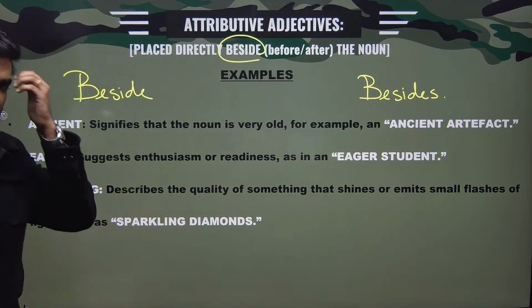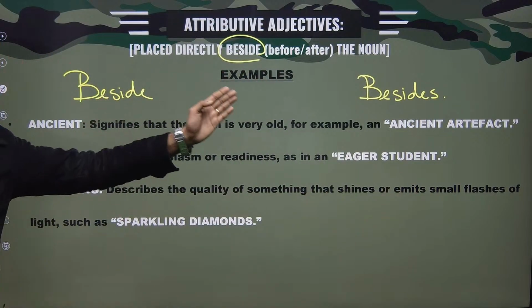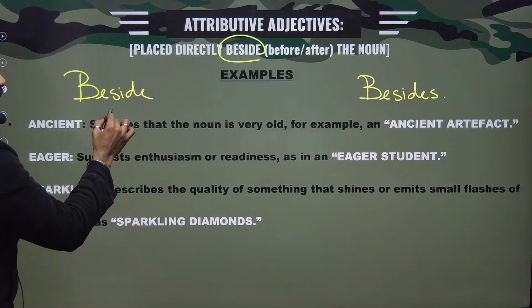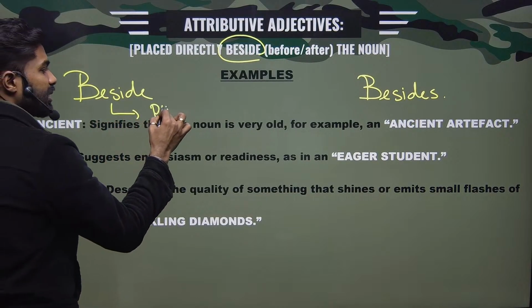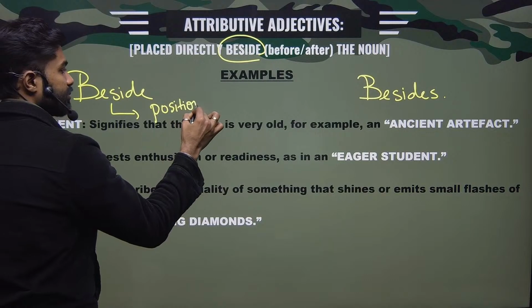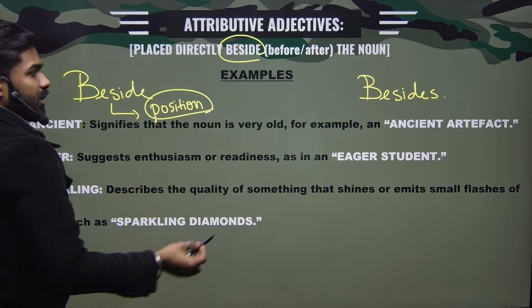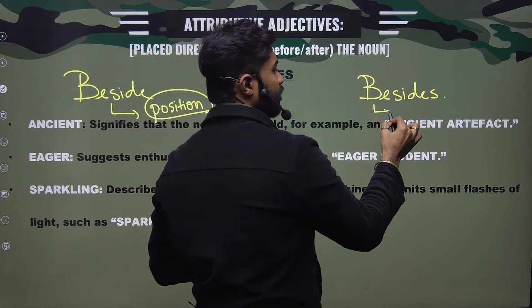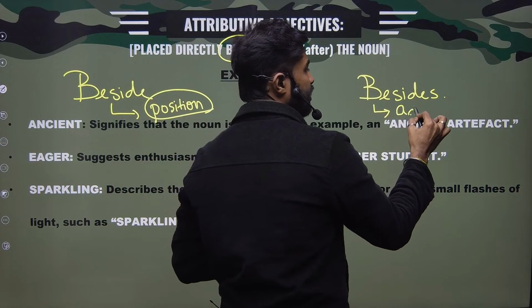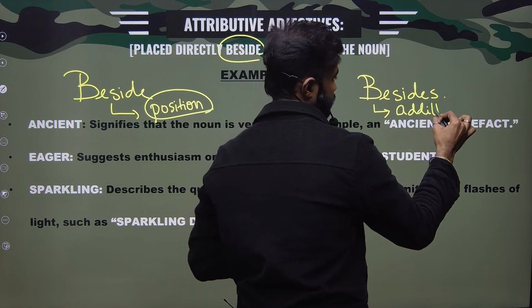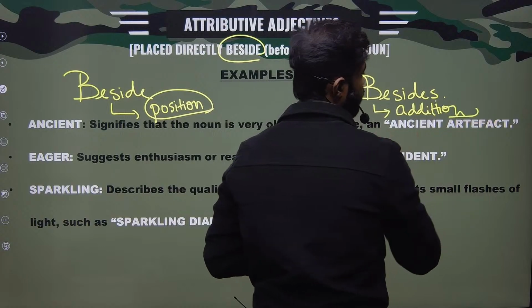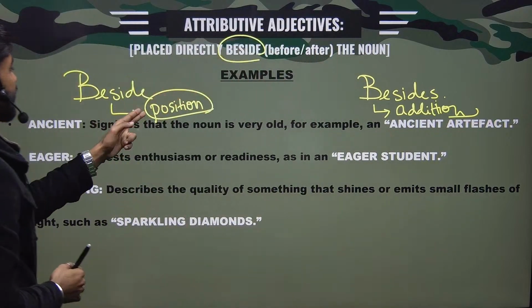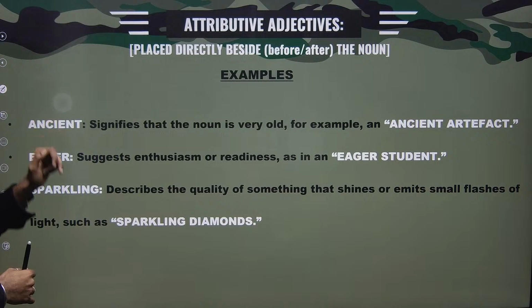See, there are two words. One is beside and the second one is besides. What do you mean by beside? Beside means it is talking about the position. Besides means it is talking about addition. Clear? So, beside means position and besides means in addition to.